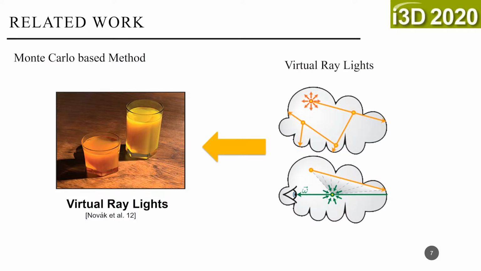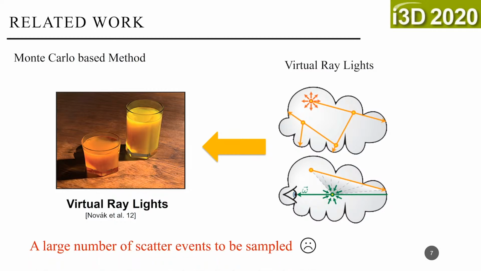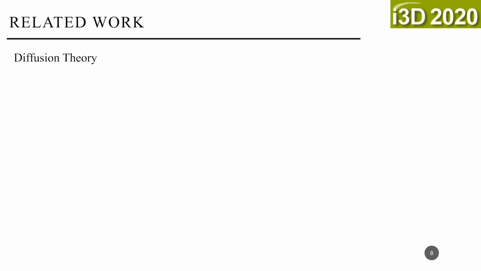In this method, the light emits rays into the media and the rays do a random walk in the medium. Then, these rays are used to compute the multiple scattering for the camera ray. However, this method cannot handle single scattering. In this image, the caustics are missing.